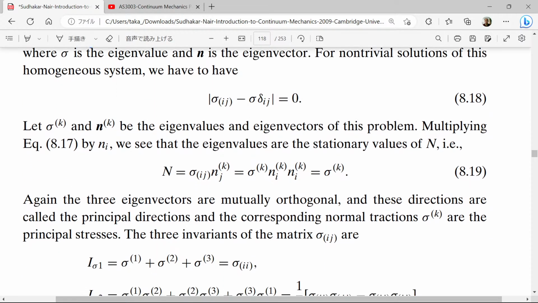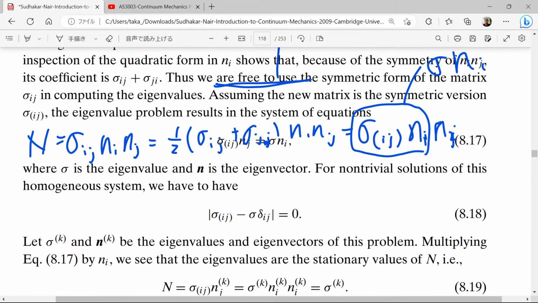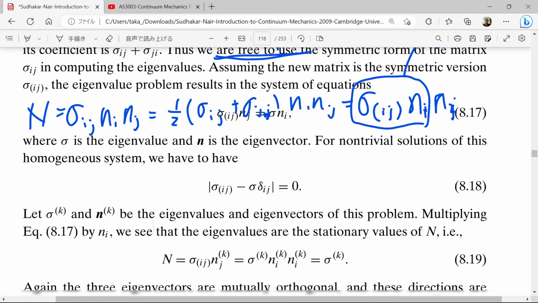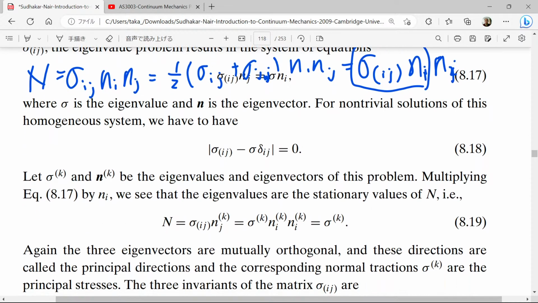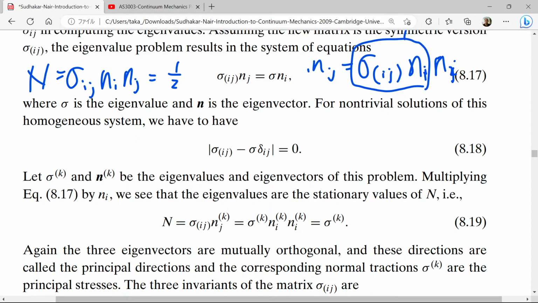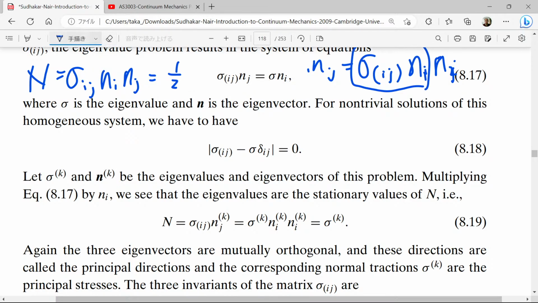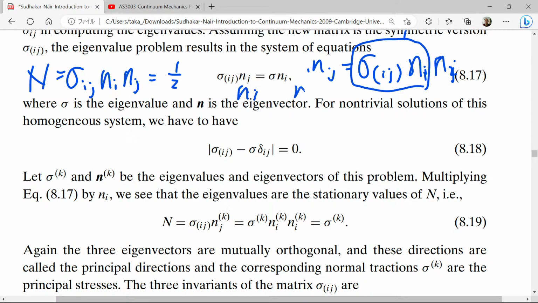Multiplying equation 817 by ni. Okay, so we multiply this by ni. So here we have ni and ni.